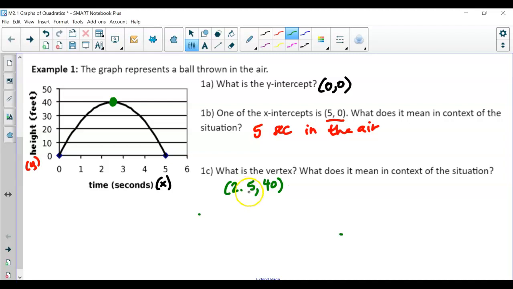Well, what does the 2.5 represent? 2.5 represents seconds, that's your time. What does the 40 represent? Well, the 40 represents your height in feet. So what this means is that it took the ball 2.5 seconds to reach the maximum height here of 40 feet.